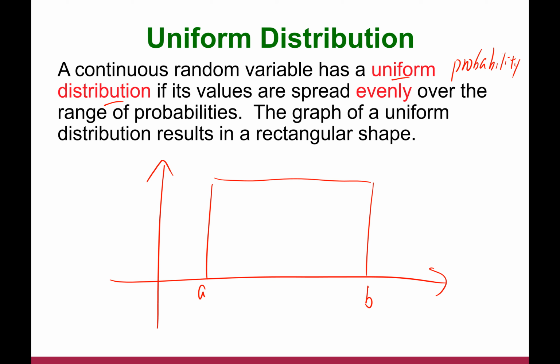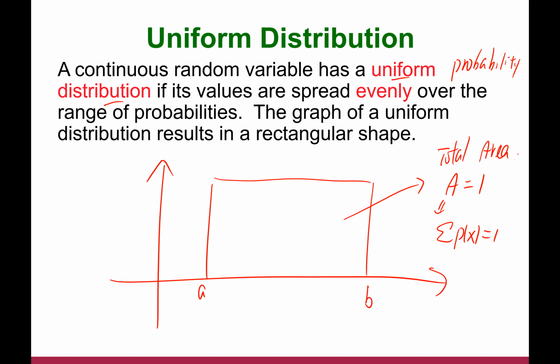That means the total area for this rectangle is equal to 1. That's the same thing as summation of P of x equal to 1. Total probability and the curve in this rectangular shape is equal to 1.